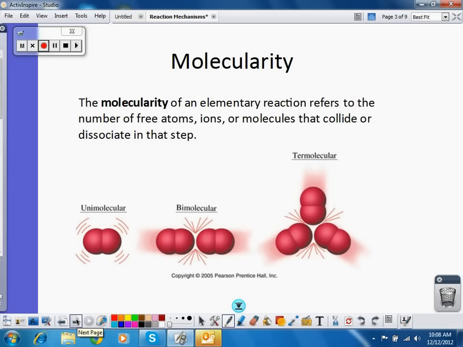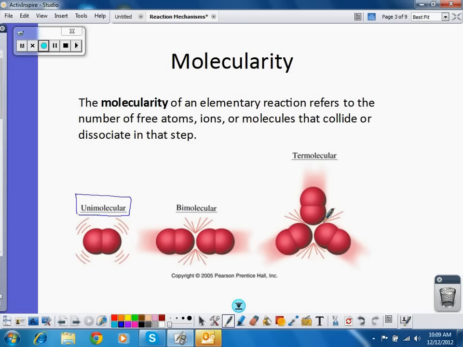So when we're looking at each step, we can describe each step's molecularity, and that simply refers to how many molecules are involved on the reactant side of each step. So if I have a single reactant that splits apart, the molecularity is unimolecular, one molecule. If in my elementary step I have two molecules colliding, that would be bimolecular.